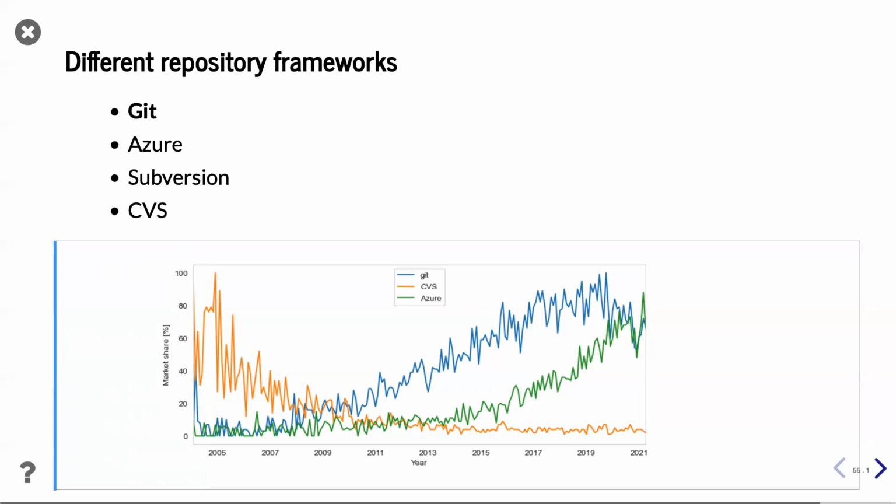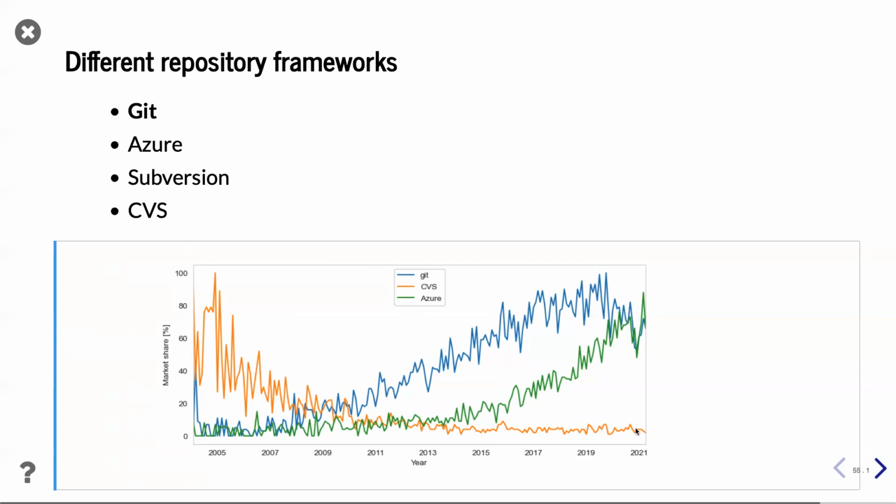Azure is Microsoft-driven repository. Then there are two older ones, I would say from the early 2000s, or even back in the 90s: Subversion and CVS. They are less used today. And you can even see it in this curve here, that CVS is actually almost down to 0% on the market.